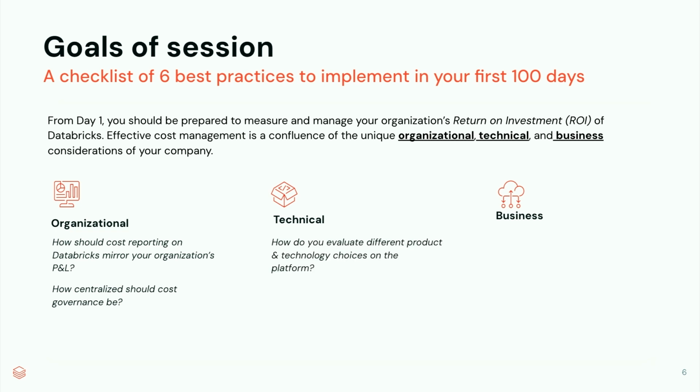On a technological standpoint, we will talk through how, if you're wearing an admin hat, you actually evaluate different products and technologies to choose from. What are the right use cases that make sense for one technology versus another on the platform? And finally, from a business standpoint, we will talk through tools and processes that you can put in place to keep a pulse on your cost, both on a continuous basis and on a more periodic basis.